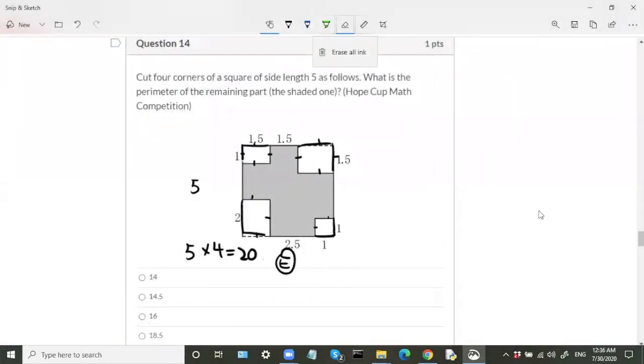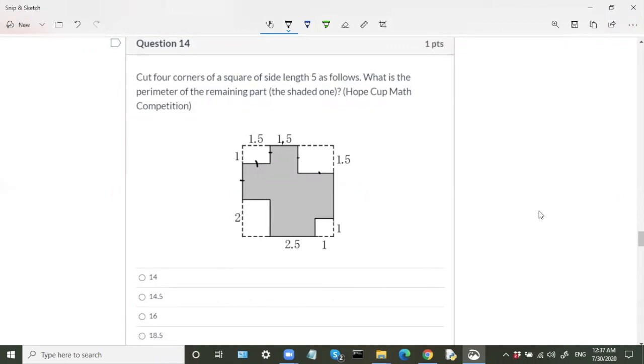Okay, problem 14. Cut four corners of a square of side length 5 as follows. So what is the perimeter of the remaining parts? So the shaded one. So basically we have this figure, remaining part. So we need to find out the perimeter. Okay, so it seems we need to find out the length of this and that and add all these lengths, right?